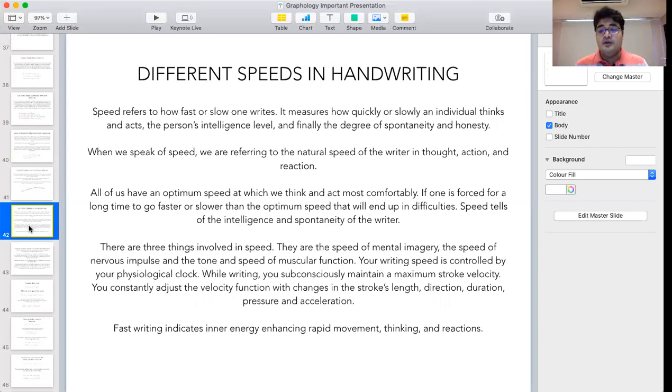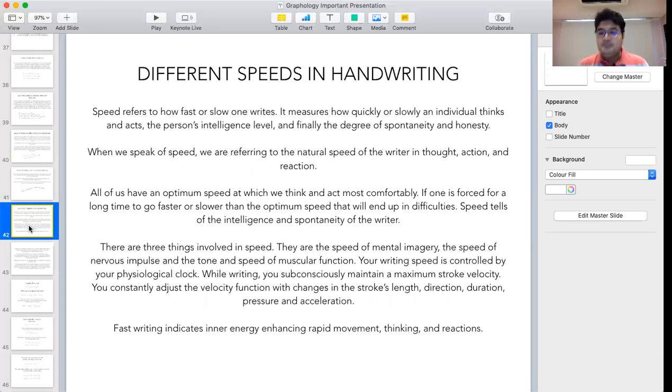If a particular person is forced for a long period of time to go faster or slower than the optimum speed, that will end up in a whole bunch of difficulties. So the speed tells of the intelligence and spontaneity of the writer. There are three things involved in speed: speed of mental imagery, speed of nervous impulse, and the tone and speed of muscular function.